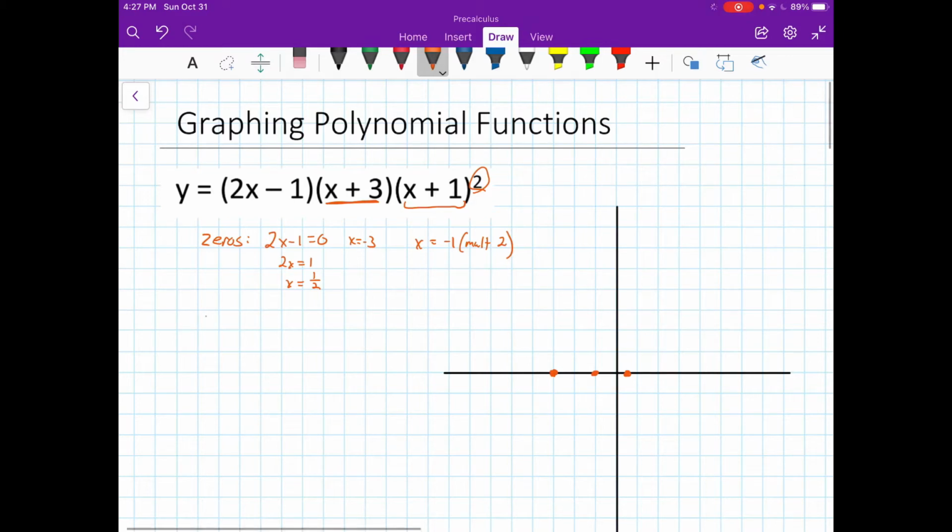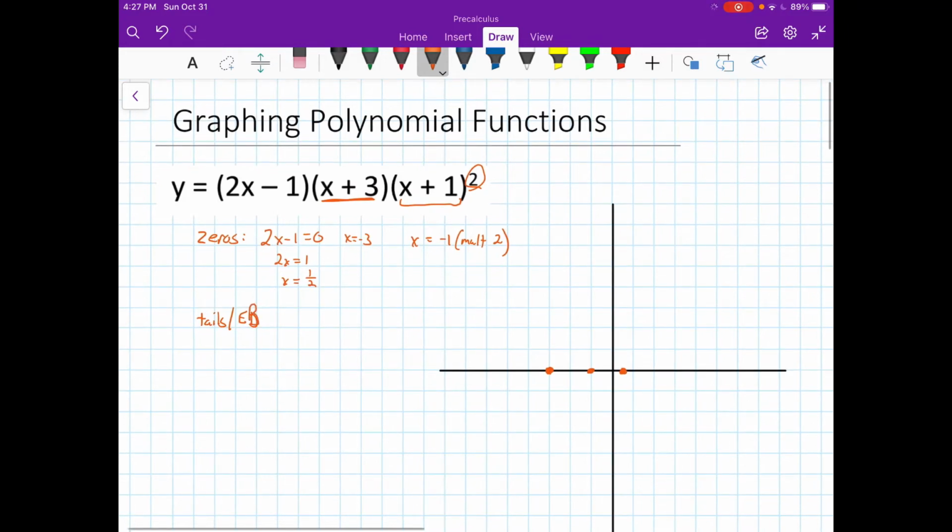Next, we can look at our tails, or the end behavior. To look at the tails, we normally look at the leading coefficient. Well, this is already factored, so we don't have our leading coefficient written there. But if we think through this, to multiply this out, we would multiply those, and when we multiply these two, we would have a 2x squared.